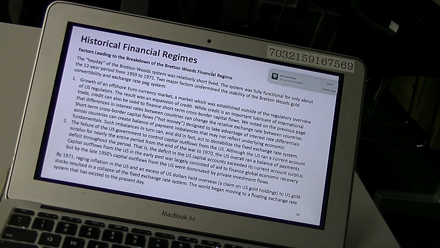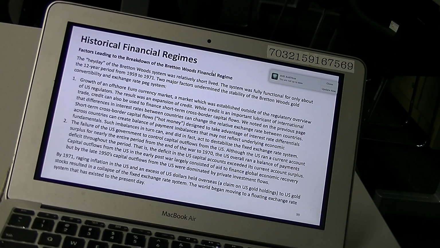The Marshall Plan was designed by the U.S. to help Europe and Japan. It was aid given to both Europe and Japan in order to help those countries recover from World War II. That was a capital outflow, and it created a balance of payments deficit.